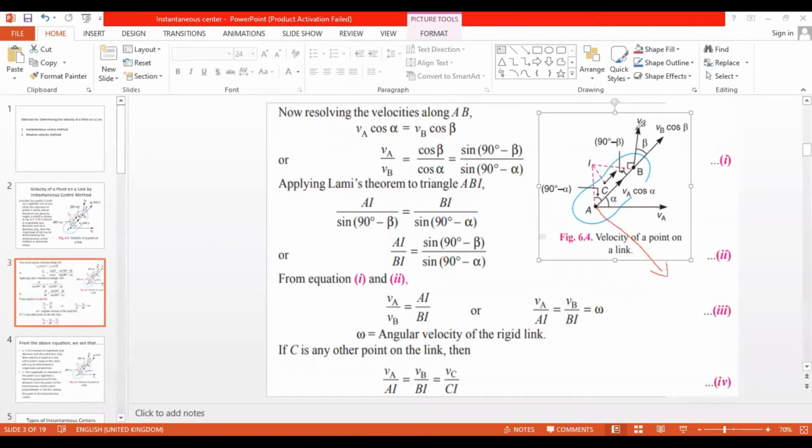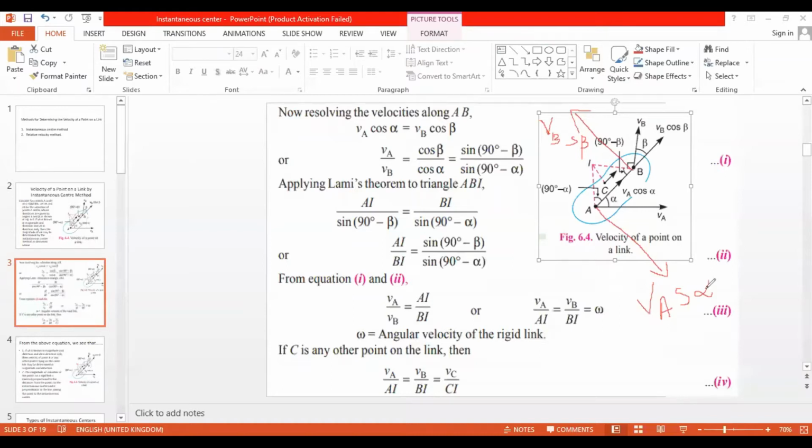VB can be resolved along the AB line as VB cos beta, and perpendicular to it as VB sin beta, and similarly VA sin alpha.